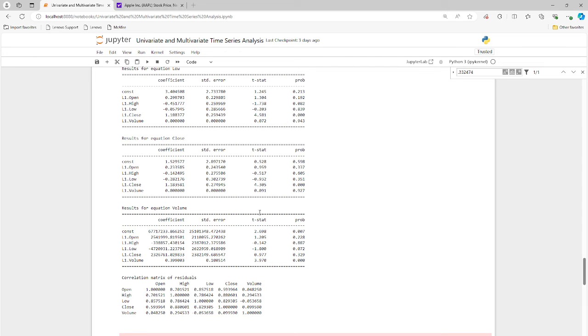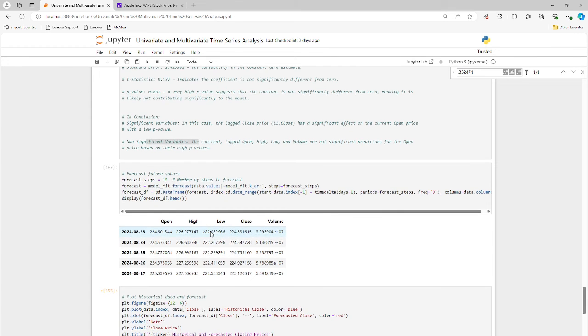Like this one, 2.69 and 3.97. Those were the only significant variables, right? So the constant and the lag 1 volume have an effect on the stock price. Okay, and all the others have basically no impact.